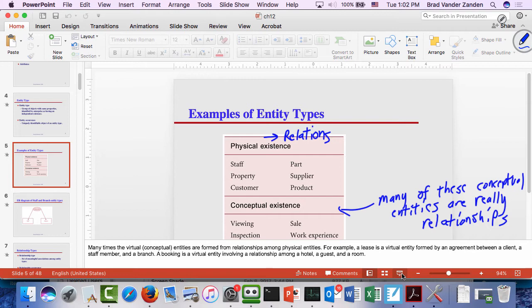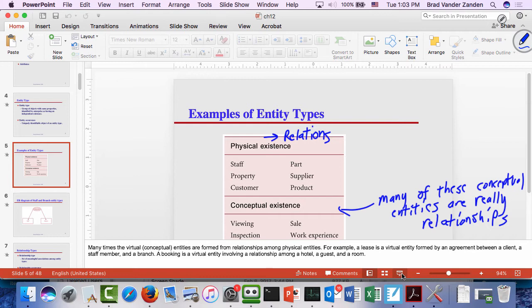Or a sale is really a relationship between a staff person, a customer, and a product: a salesperson selling a product to a customer. So a sale is really a relationship among entities. So many of these conceptual entities are really relationships.